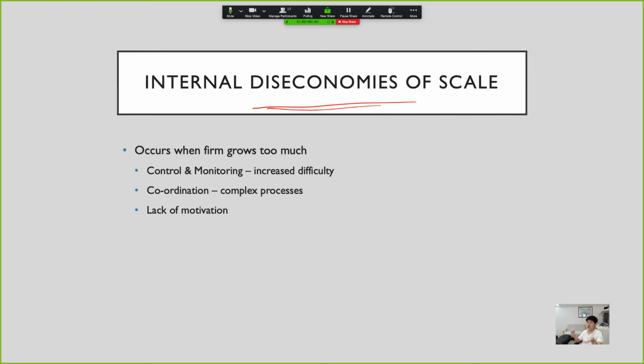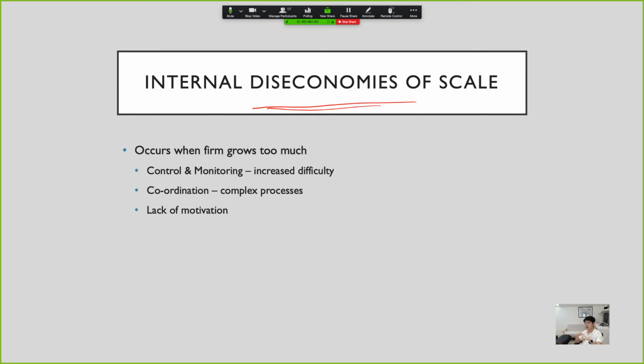When you want to pass down a single message, to disseminate the message takes time, and sometimes the message gets distorted. It's very hard to carry out a unified policy in a company when you have too many workers, for example. Whereas in a small company, you just hold a meeting and tell your workers what you want.